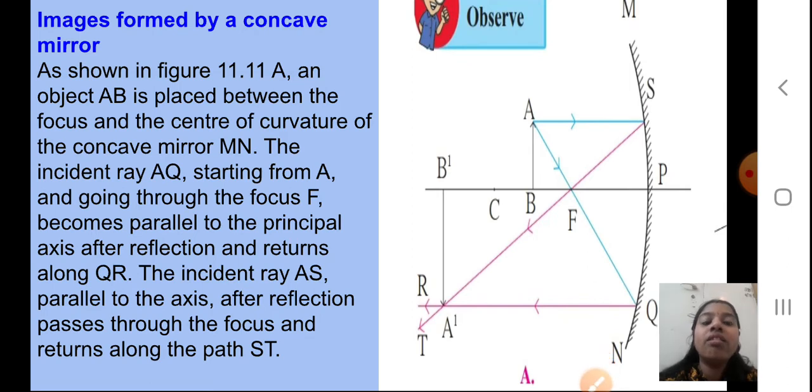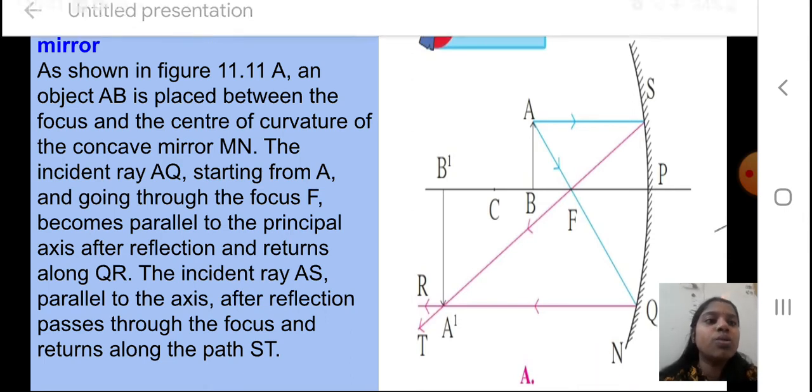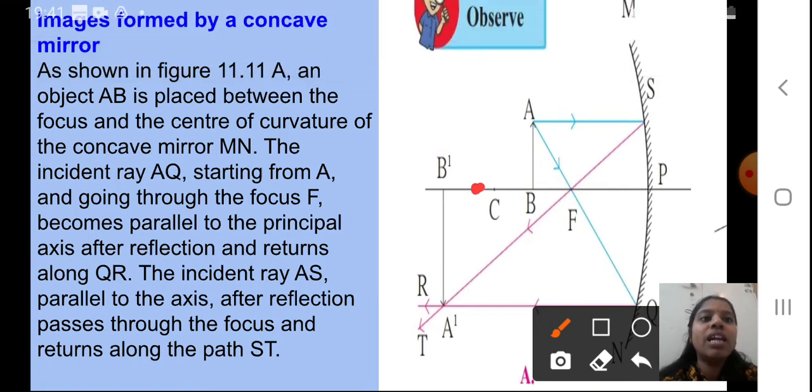This black color line is the principal axis, and the reflected ray QR is parallel to it.